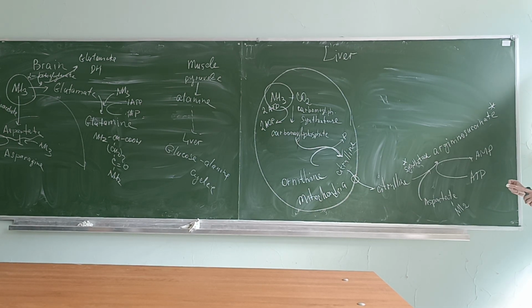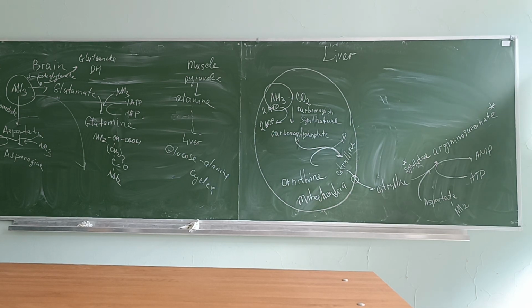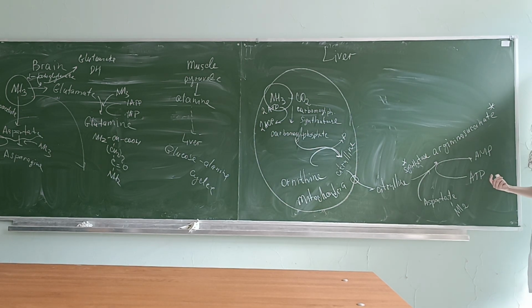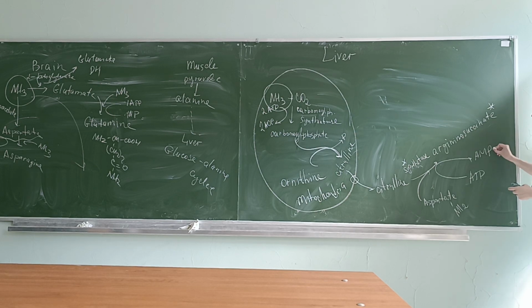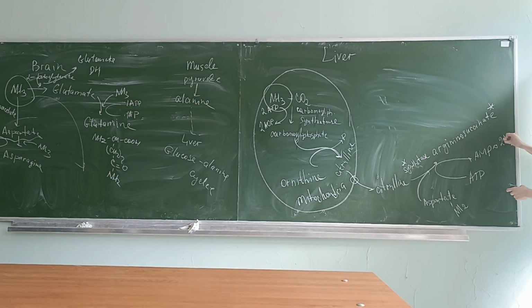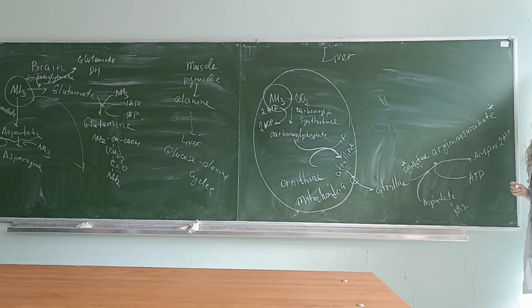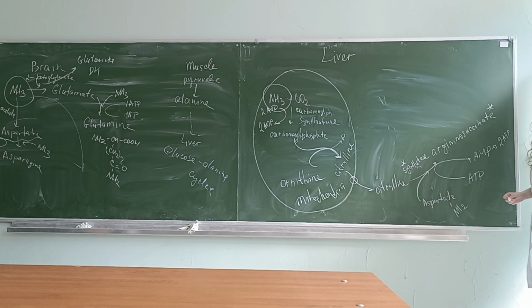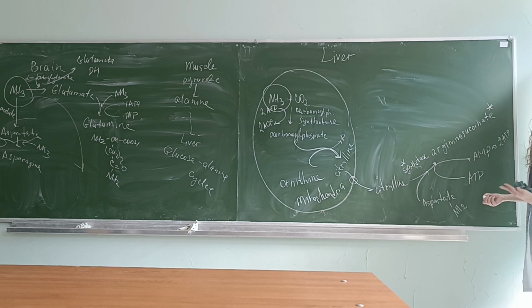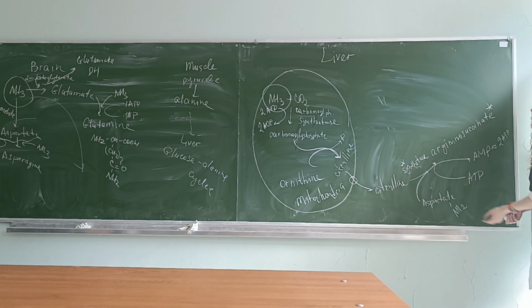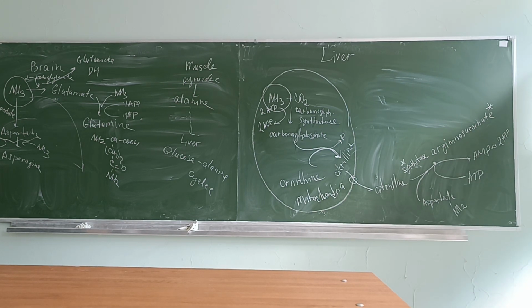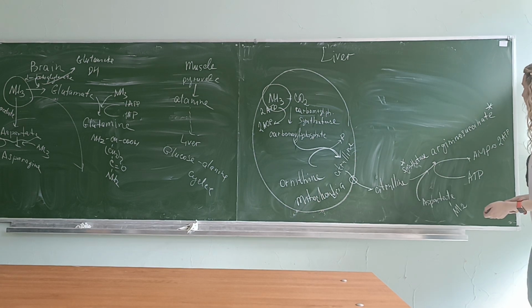So we spend 1 molecule, but 2 high energetic bonds, so it's equal to 2 ATP. So again, for our organism, it costs much in highly expensive reactions. But we spend this energy to detoxify ammonia.